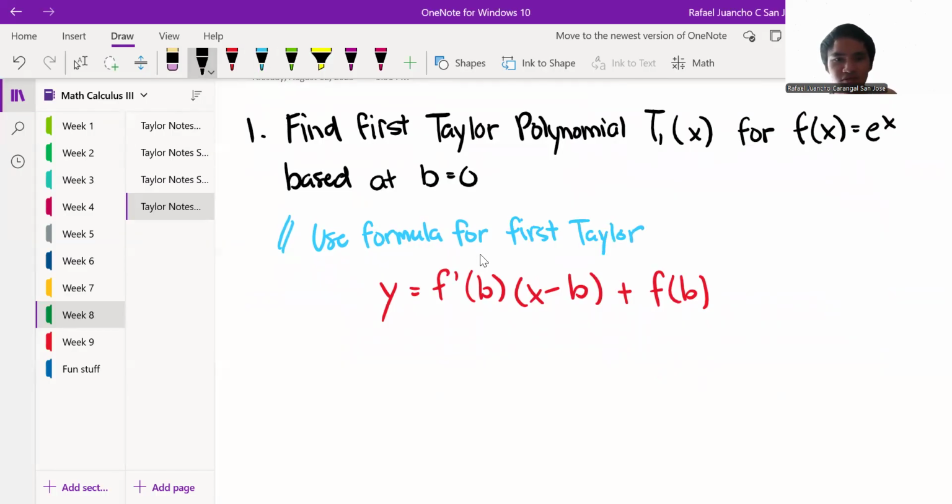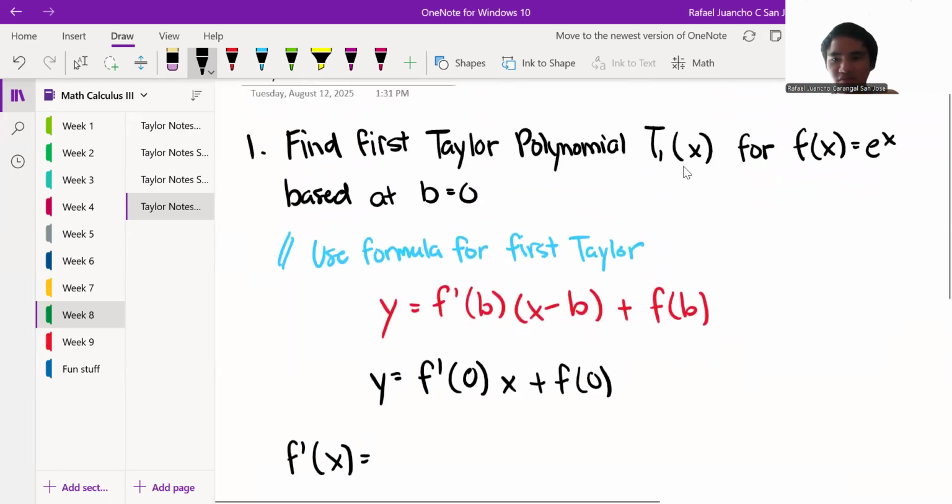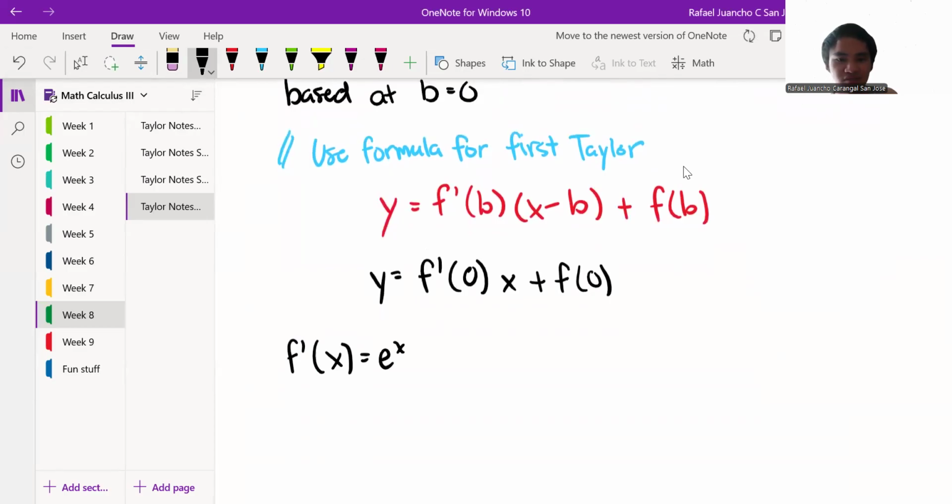Right, so b is 0. Just to copy that formula, it's f prime of 0 times x minus 0, plus f of 0. So I need the derivative of this thing, which is just e to the x again.